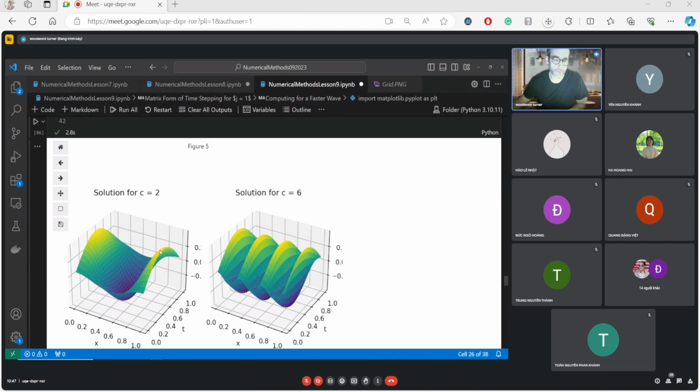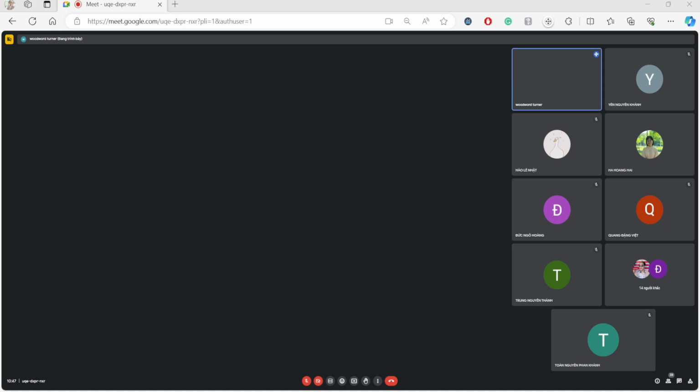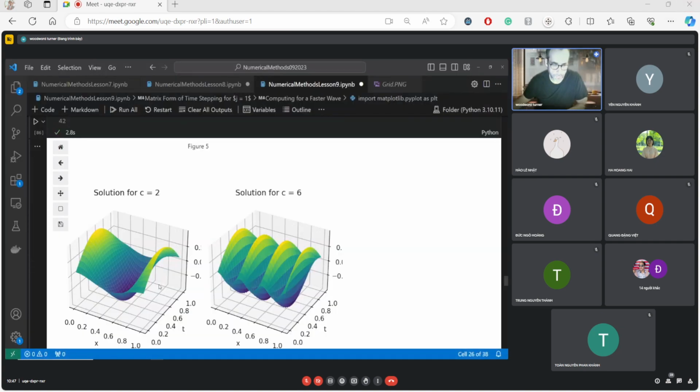So I want to see what happens if I make my wave speed faster, and then I triple my step size for my n.